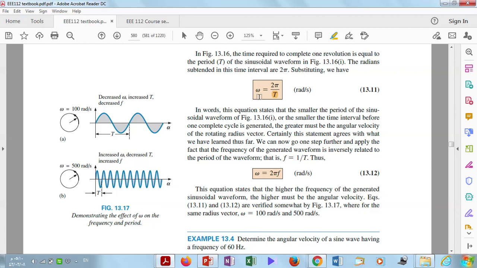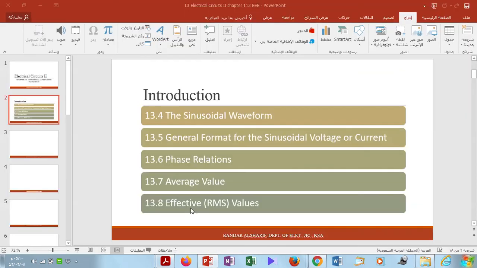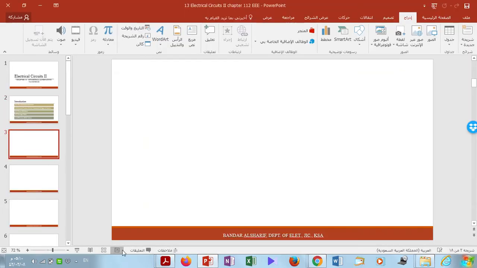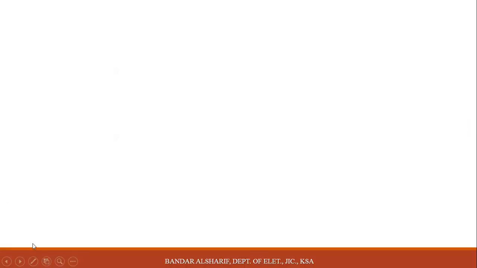Well, we know before in physics that, let us write here something, the period equals what? It equals 1 over the frequency, if you remember. Frequency is in hertz, cycles per second.